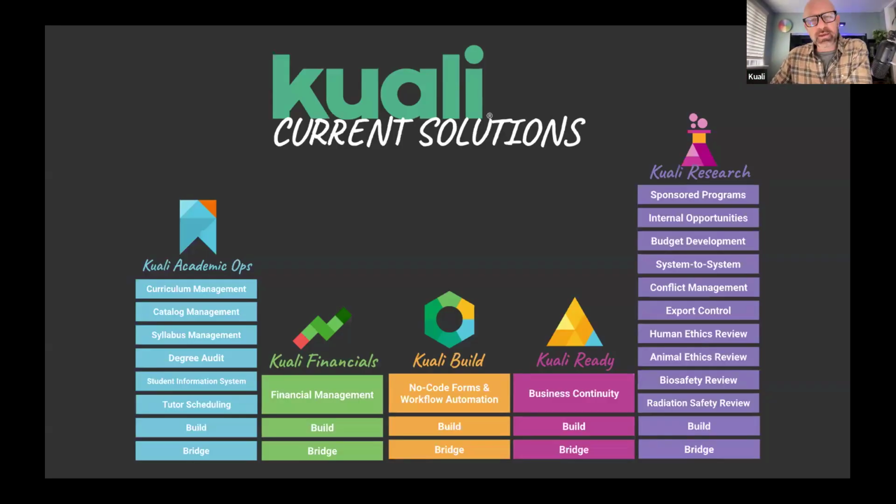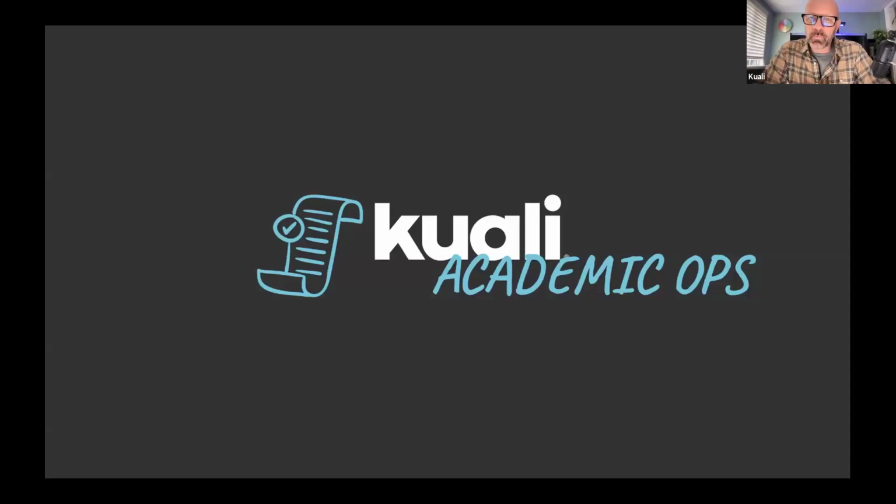So that's a quick look at Kuali Solutions, but today we will be focusing on two solutions within the Kuali Academic Ops suite, our curriculum management solution and catalog management solution. Before I hand off to Michael, I'll just say that Kuali has been a leader in the curriculum and catalog space for more than a decade. The tools that Michael will be sharing with you today were launched on the Kuali platform last year, and we had been developing those for a number of years.